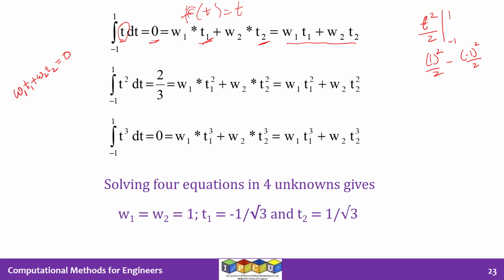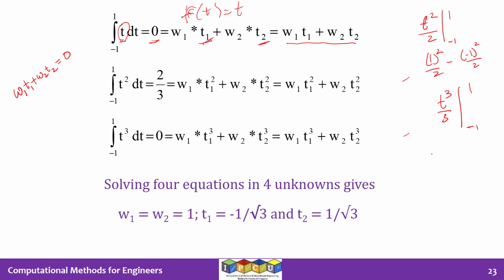Now we still have 4 unknown variables, w1, t1, w2, t2. So we need 4 more clues. That is what the next two things will tell us. So the third element in our basis set is t squared. So when you integrate t squared between the limits -1 to 1, you're going to get t cubed by 3 between -1 and 1.